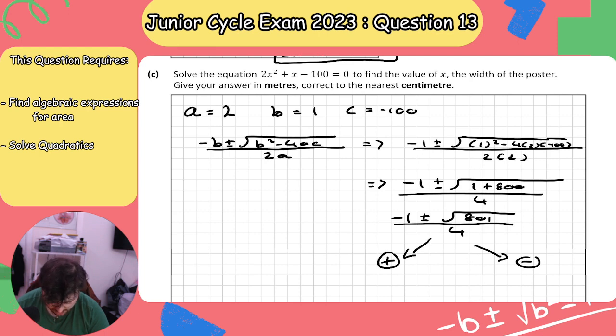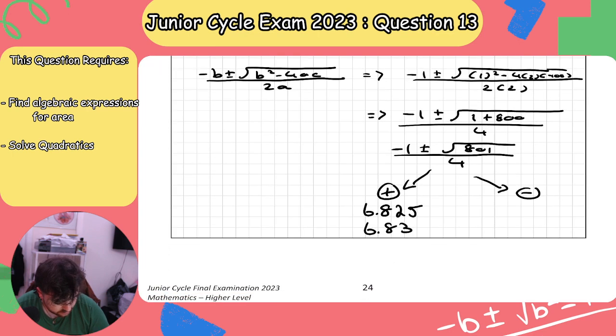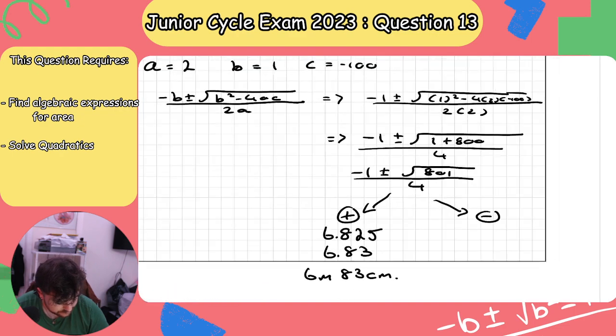When I have the plus sign, it's going to be 6.825. Correct to the nearest centimeter, it's going to be 6.83. So 6 meters and 83 centimeters.